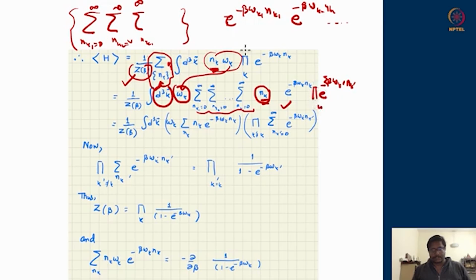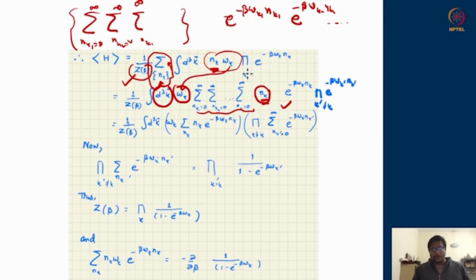Let us say k prime, not summation. So let me write it cleanly once more in the usual color as well, so that it becomes part of the note. So it is the product over k prime, which is not equal to k, of e to the power minus beta omega k prime nk prime.